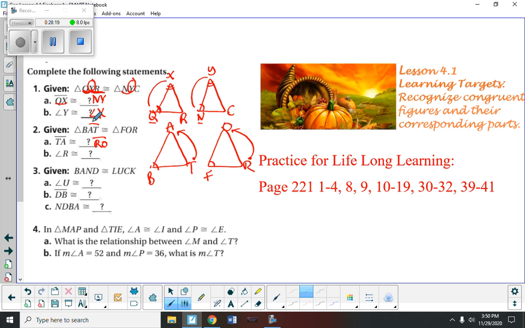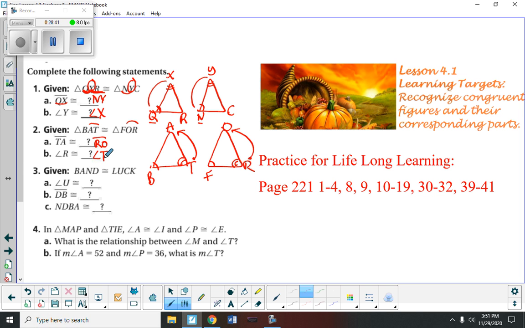So TA and RO go together in the name. And then angle R is this one. That would be congruent to angle T, and we know they're congruent because the triangles are congruent, so corresponding angles are congruent.